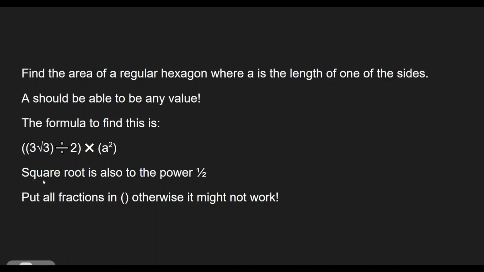And please note, the square root is also to the power 1/2. There is no square root operator in Python, so you can go ahead and do exponent 1/2, and put all fractions in parentheses, otherwise it might not work. So pause the video right here, complete this exercise, then come right back.